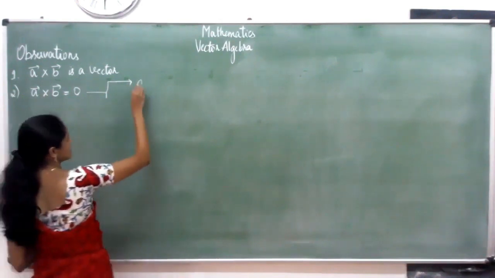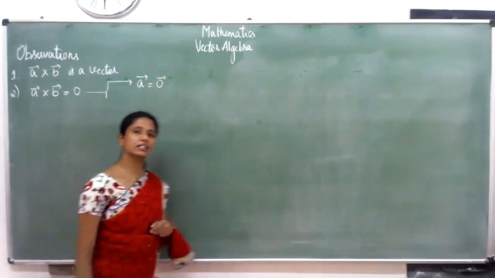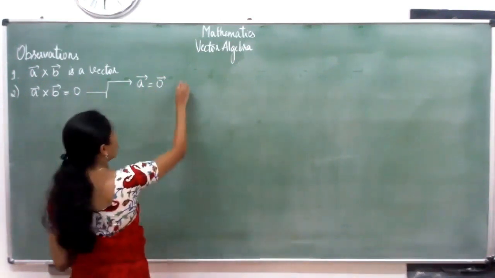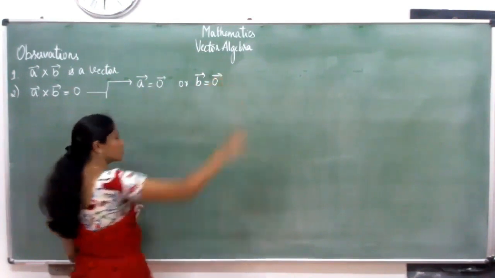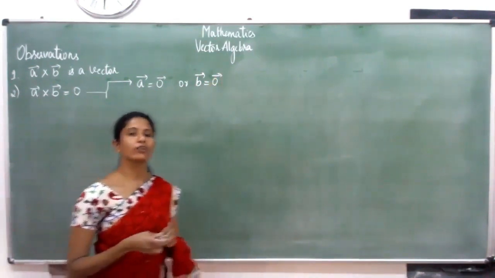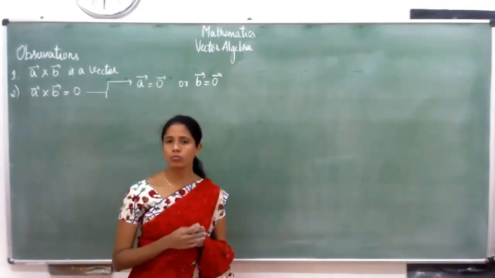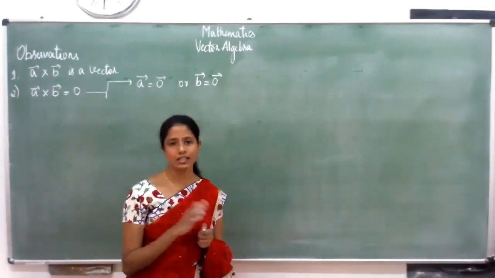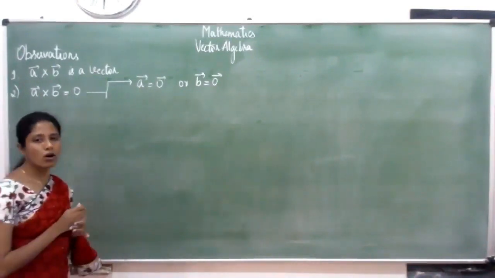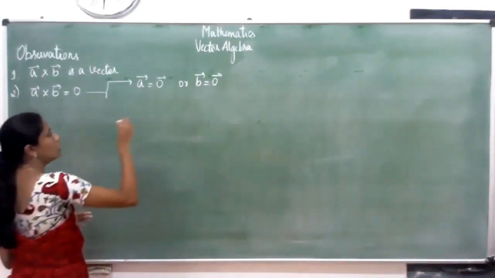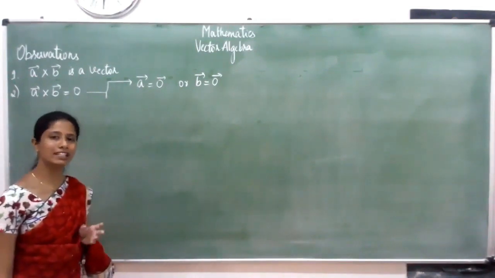The first condition is when either vector A is a 0 vector or vector B is a 0 vector. If either one of the vectors is a 0 vector, then the cross product between the two vectors is 0.